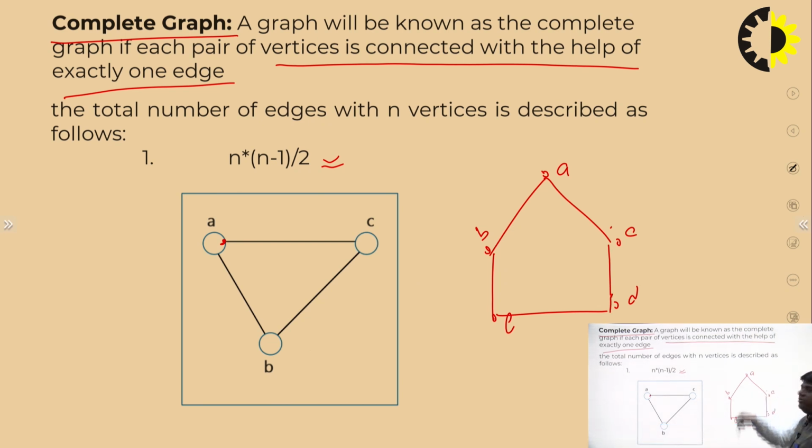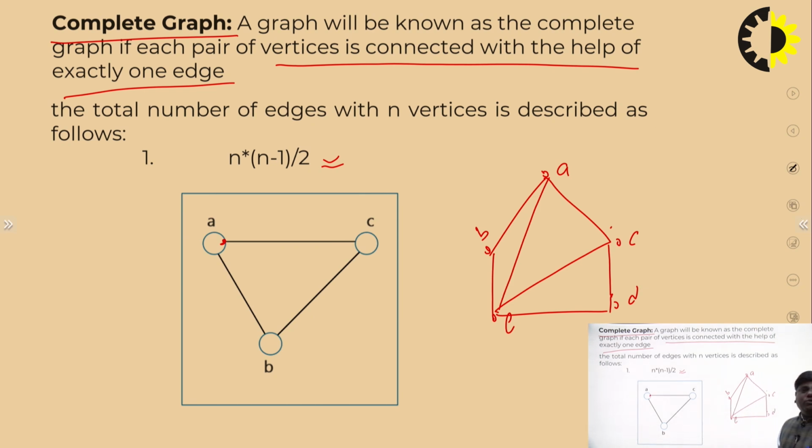Now, every node is interconnected to every node. It means node C is interconnected to node A. Now node E is interconnected to all nodes. It means this connection and this relation are formed.